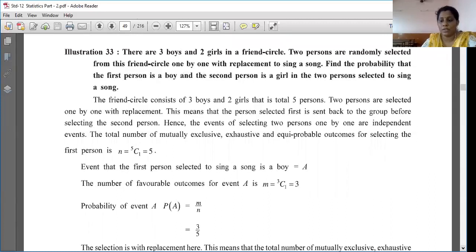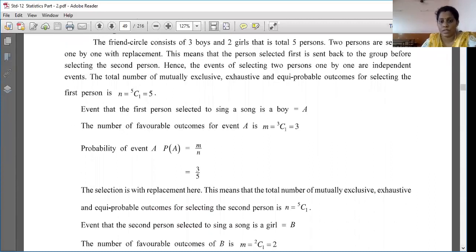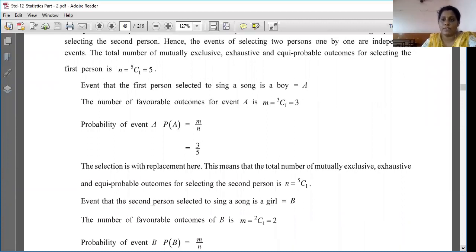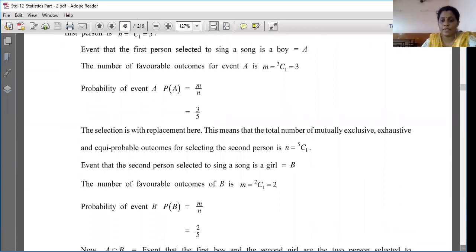With replacement, selected numbers can be used again, so your n will not change, n will be the same, that is 5C1. This is the difference between with replacement and without replacement: without replacement, selected numbers cannot be used again, and with replacement, selected numbers can be used. So 5C1 is 5.